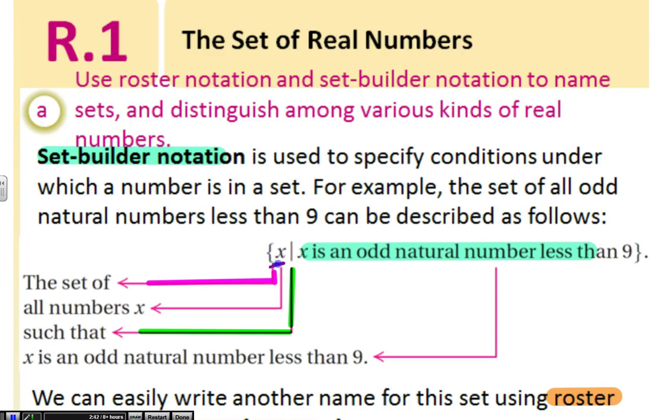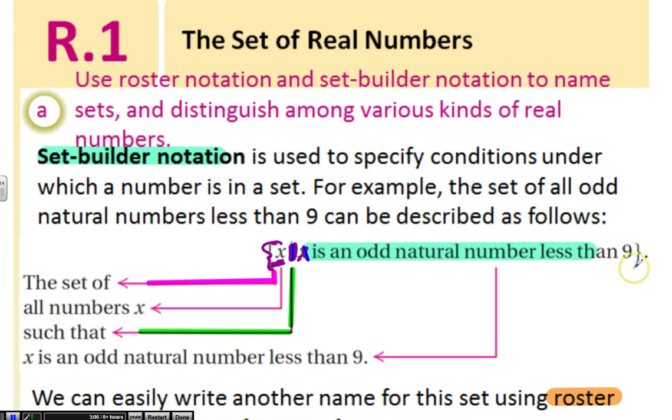This is read the set of x, this bar is such that, and then x is an odd number less than 9. So you could write this set builder notation as roster notation by looking at all odd numbers less than 9.